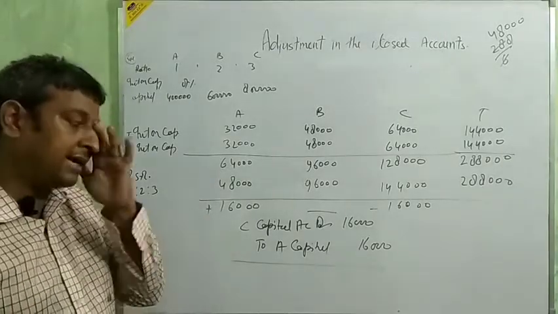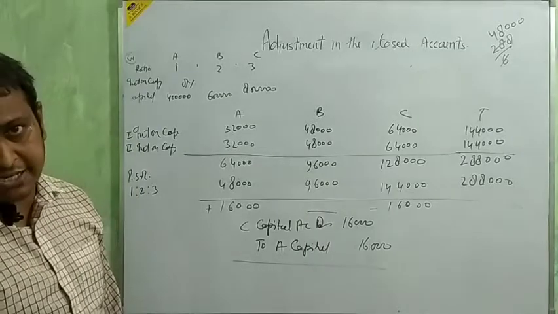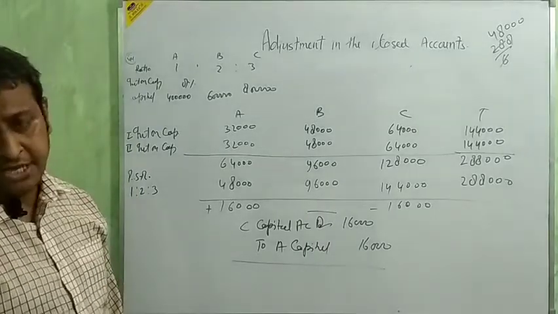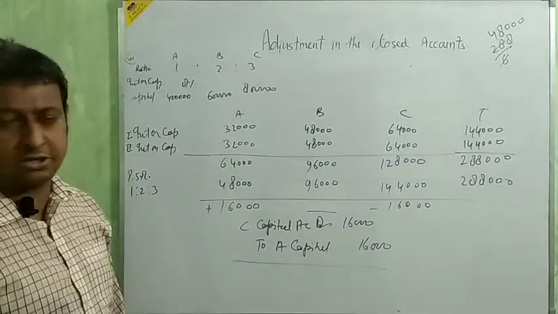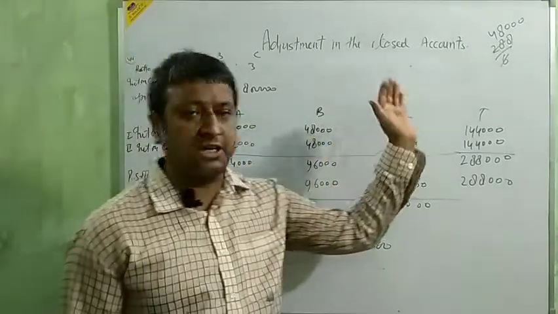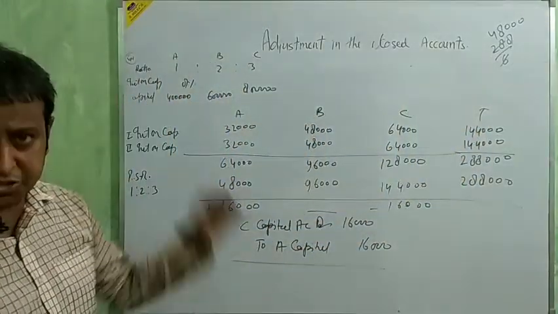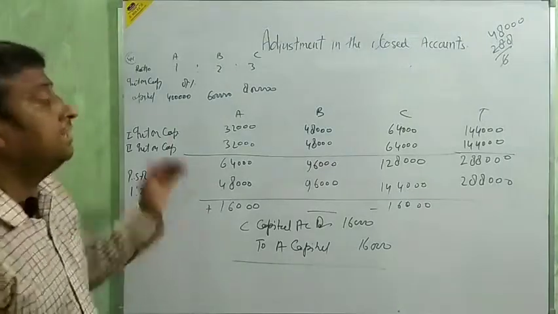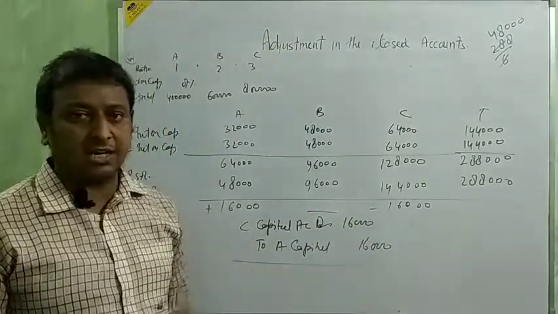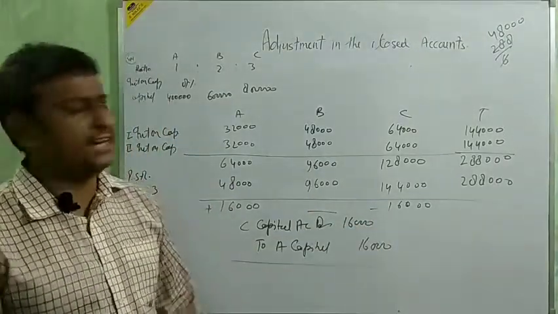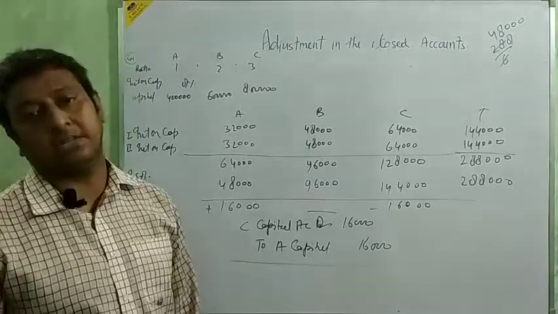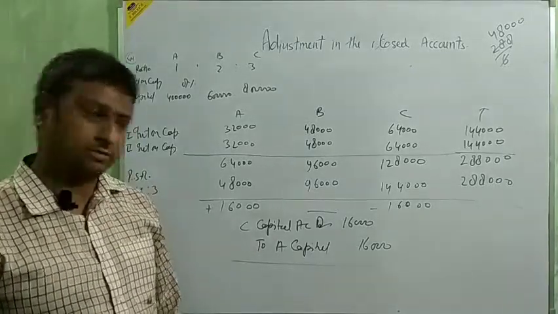If any income or interest on drawing is missing from the question and you are going to calculate the interest on drawing, total it and distribute in the profit sharing ratio. At that time, if minus comes, that will be credit; if plus comes, that will be debit. Okay, clear? Okay, thank you.